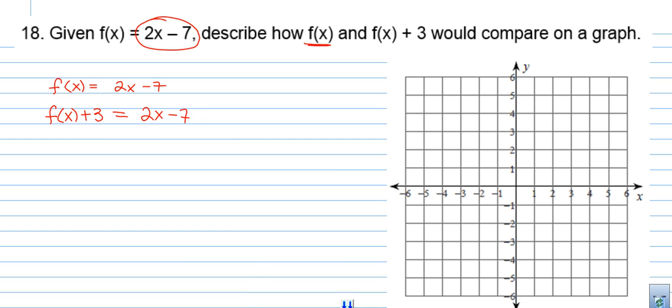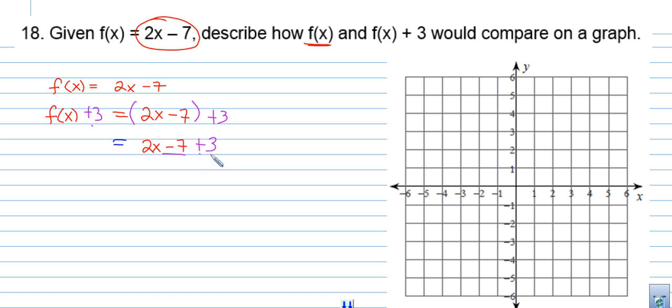And then here, let's do some color coordination. This is like plus 3, so you would just go plus 3 to the whole thing, okay? And so if we just do the mathematics behind it, we really don't need the parentheses. So the 2x minus 7, you just tack on the plus 3.